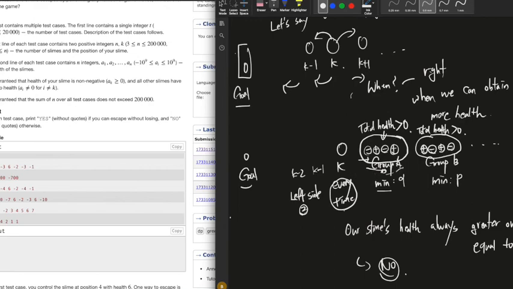And there will be my current health, and the minimum number. To add group A, I need to think about the sum of these, and it should be greater or equal to 0. Otherwise, I cannot go to the right side.